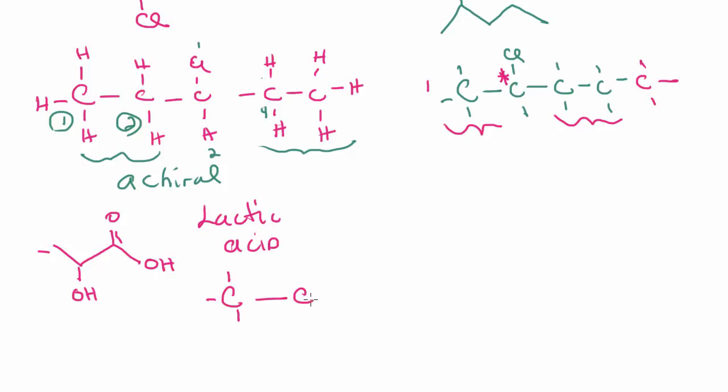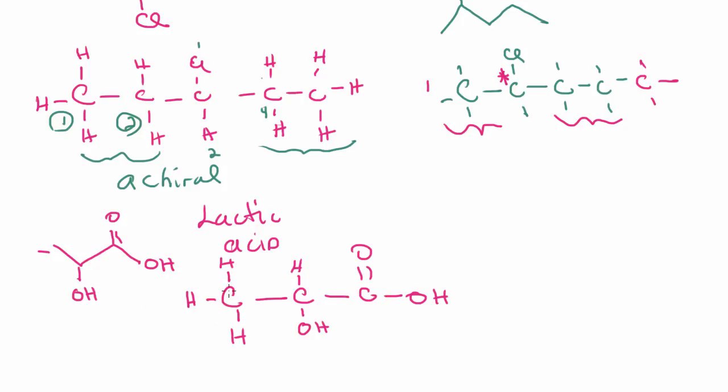And next to it, I have a carbon that has a hydrogen and the OH group. This carbon has a double bond, and it's bonded to this OH group. So let's take a look at this and see if lactic acid is a chiral molecule.